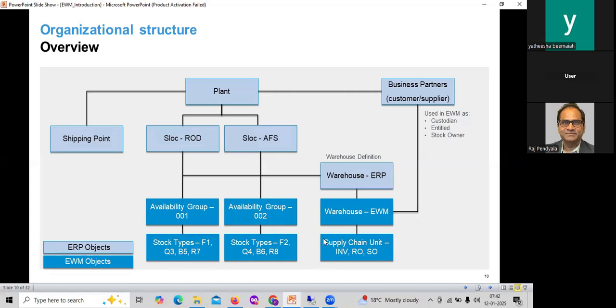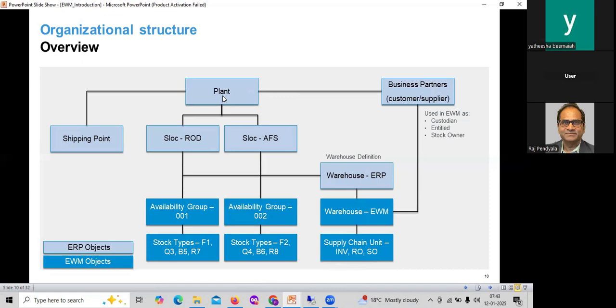It contains the address, and there are some business attributes like INV, RO, SO, meaning receiving office, sales office, and INV, which represents the warehouse. These attributes need to be assigned to the supply chain unit, and this supply chain unit is assigned to the EWM warehouse in the EWM system.